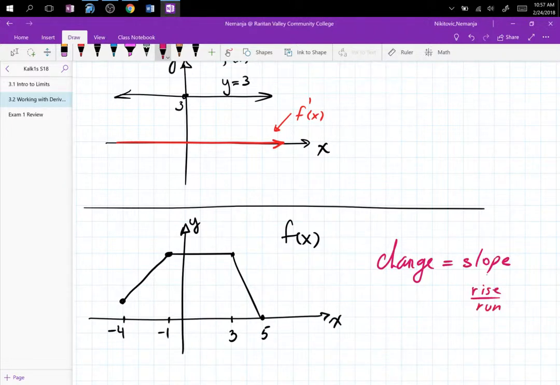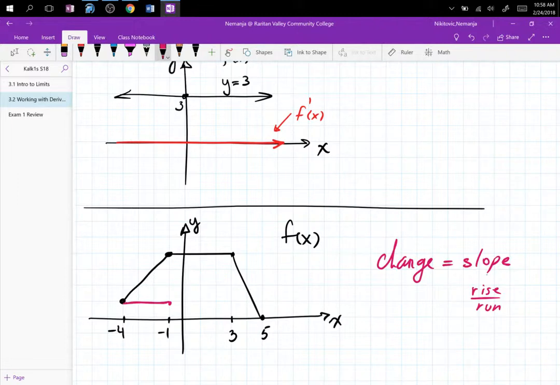So you can see here that you go 1 unit up, which is rise, 1 unit across, which is run. 1 divided by 1 is 1. Therefore, the change on the interval -4 to -1 is 1 everywhere. So I get to draw this line like this, which is all of the slopes.